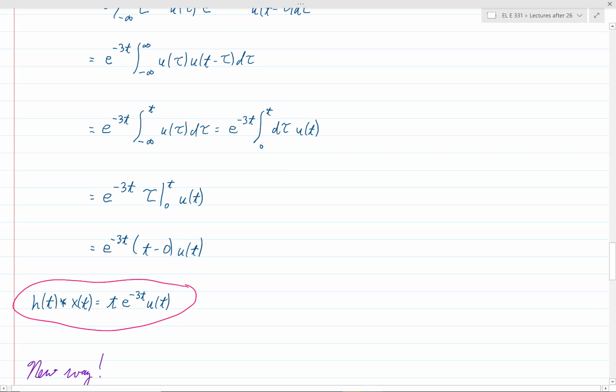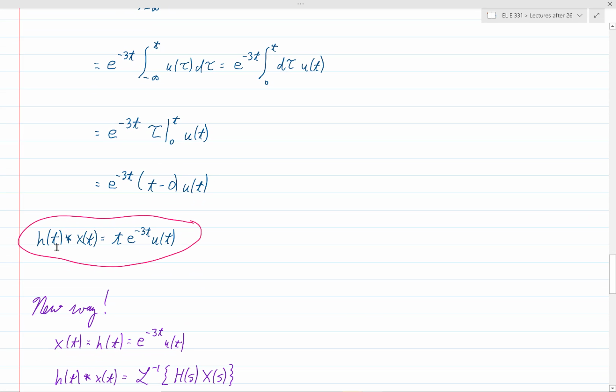And so our final answer is that the convolution is equal to t e to the minus 3t u of t. Now, that's not the worst problem in the world that we've just done, but it certainly is a little tedious, and there's certainly a non-zero probability of making some kind of a little error up here.